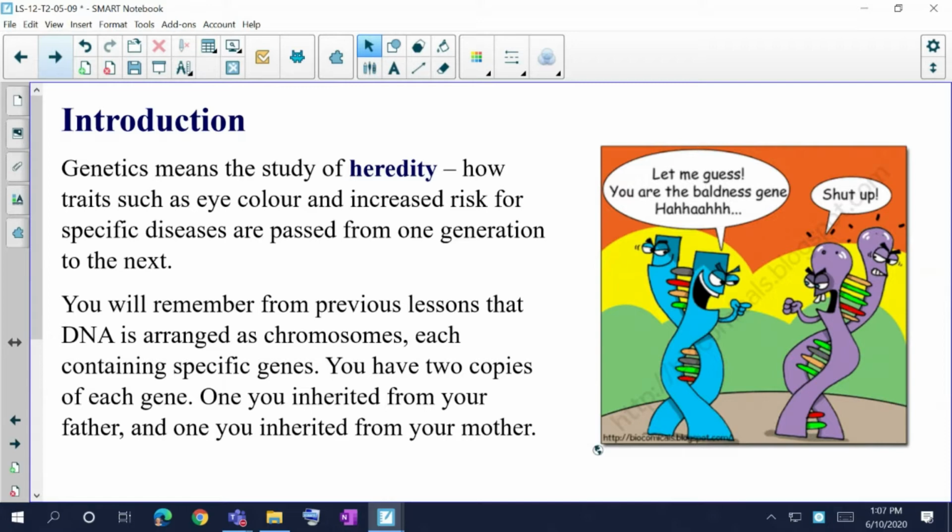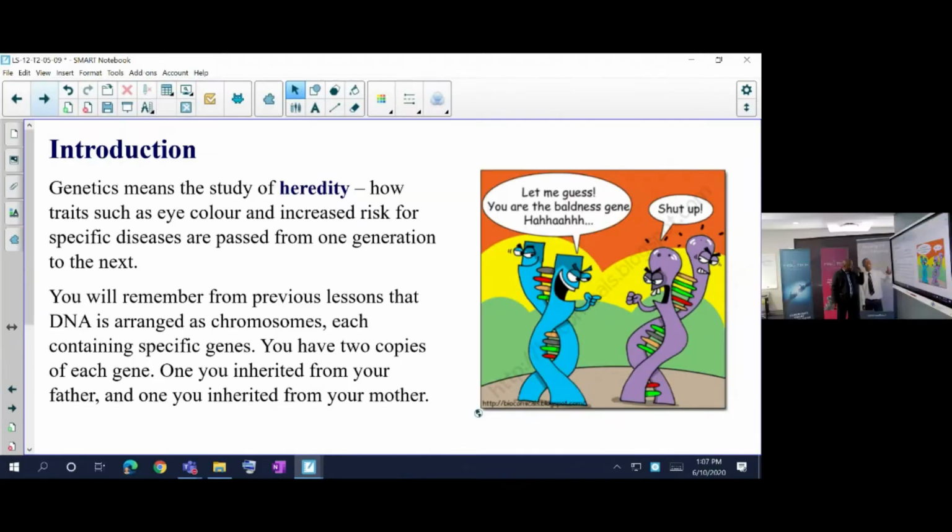Good. So how are traits such as, for an example, hair color and increased risk of specific diseases passed from one generation to the other? How does it go about? Remember, from your first term work, you need to revisit your DNA, your chromosomes, your meiosis, your mitosis, because it's a link.